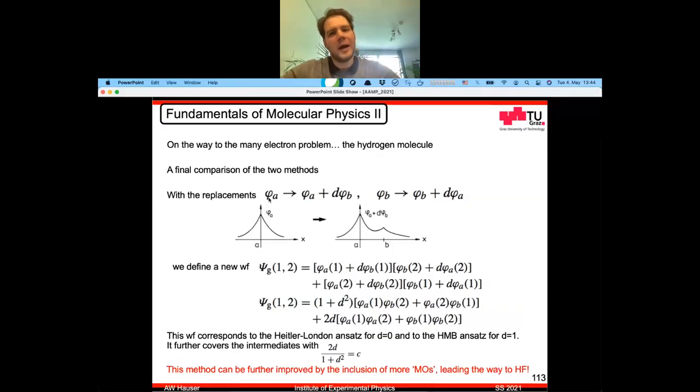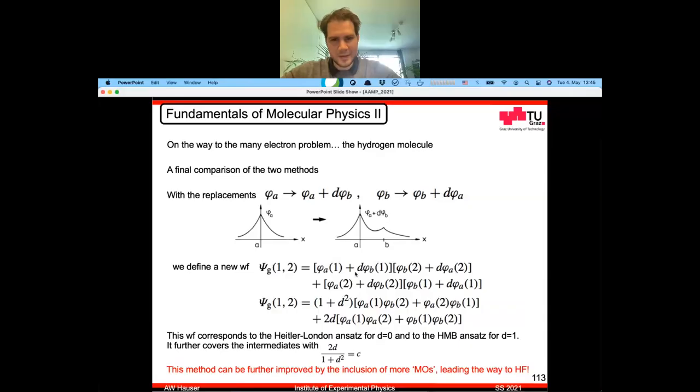So we allow a kind of a mixing, a gradual mixing, and this gradual mixing is written as d times phi. So please don't get confused. This is not a derivative expression here. This is just some constant d multiplied by phi B, and this d is something I'm going to change from 0 to 1. We say our gerade wave function for electron 1 and 2 looks like this.